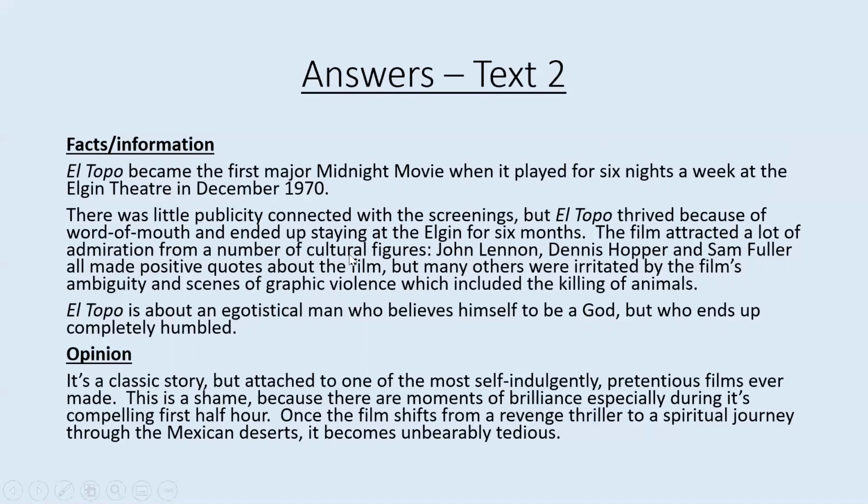The information about the fact that it attracted a lot of admiration from a number of cultural figures, but also attracted criticism because of some of the content of the film. Again, I put that under facts and information. And then this brief basic summary of the film itself, the subject of the film would come under facts and information.